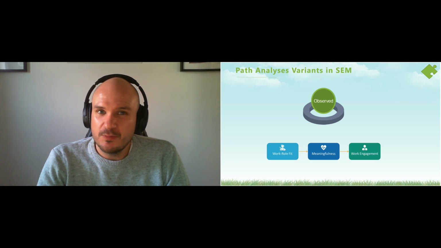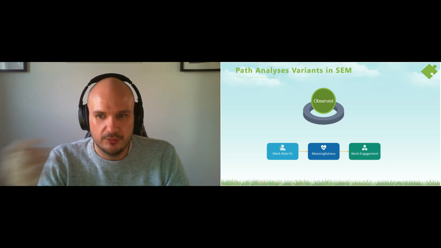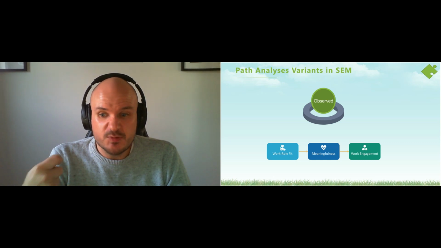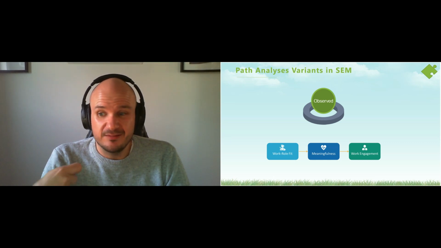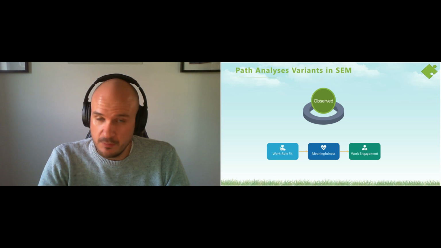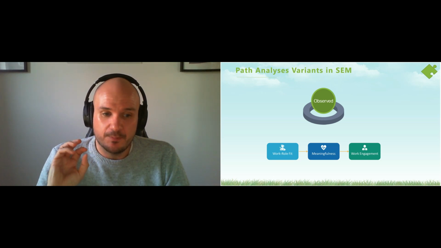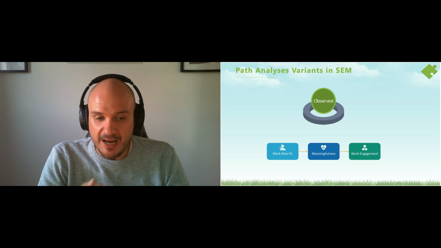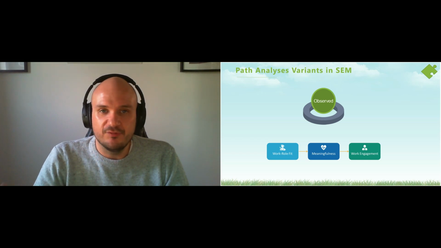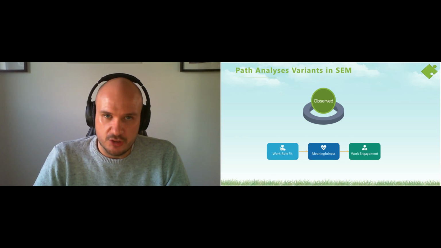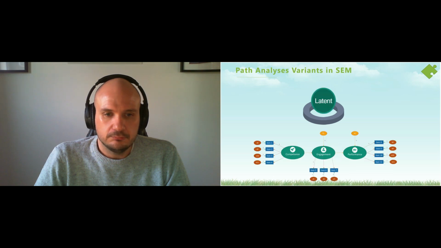Unfortunately, we don't have different measurement models to compare. We are only interested in the relationships between the constructs, represented by the direct measurement thereof. So we're only interested in the combination of relationships between work role fit, meaningfulness, and engagement. In other words, it's basically just a series of multiple regressions put together in an equation.